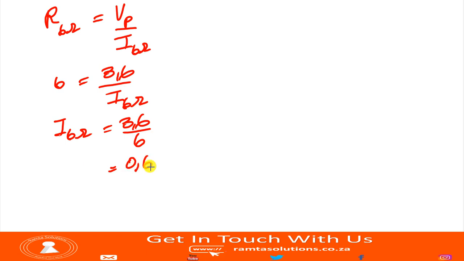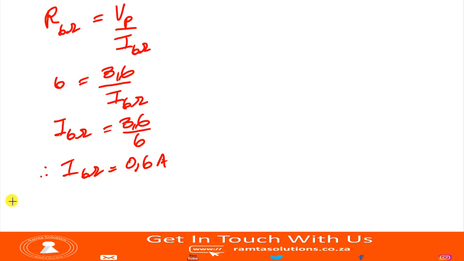So this is 0.6 amperes. Therefore, current at the 6 ohm resistor is 0.6 amperes. Can you guys see that?